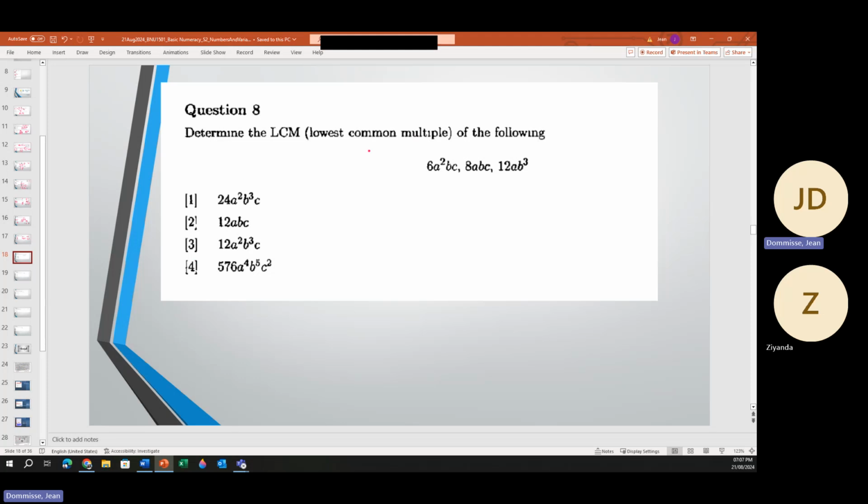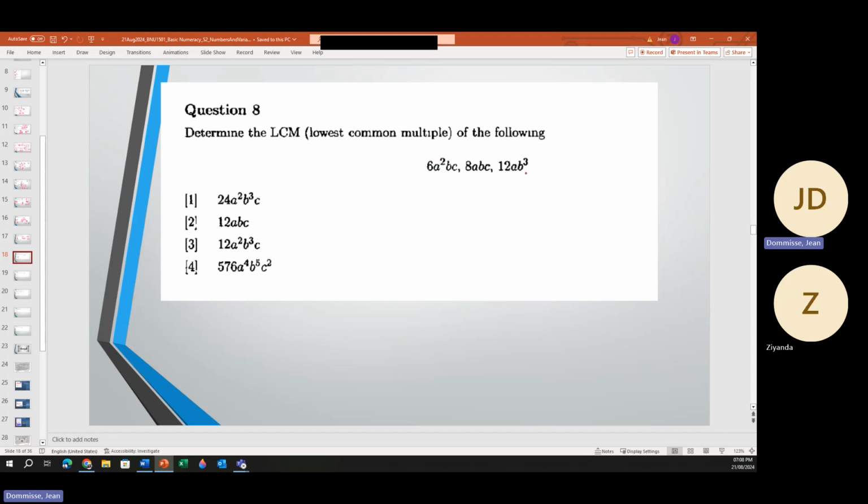So what that means is we want to get a variable or a number that we can say this thing can divide into it, so can the next one, and so can the next one.